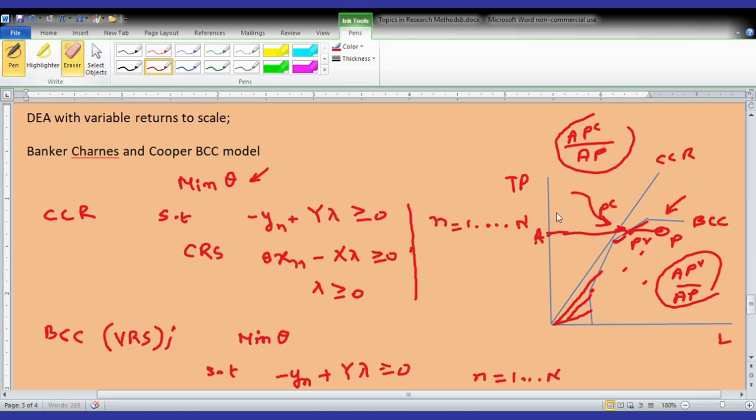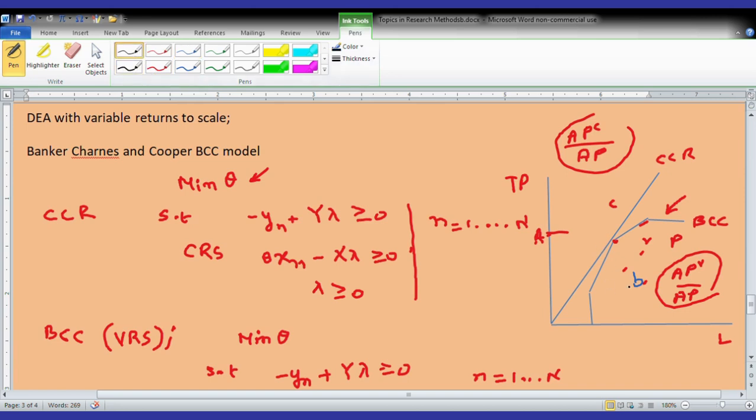Let me give you another possibility, where suppose that in place of point P, we are at point B. Let me take another pen, this one.